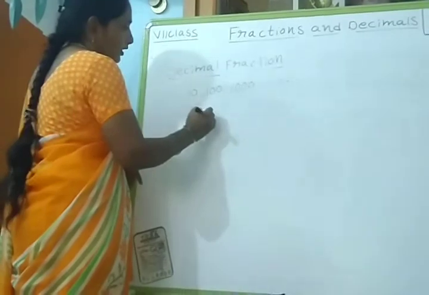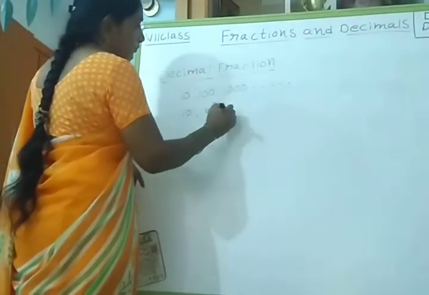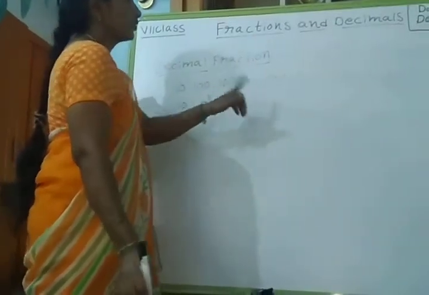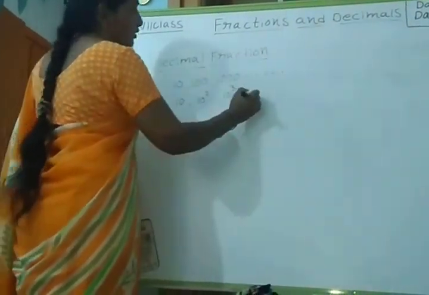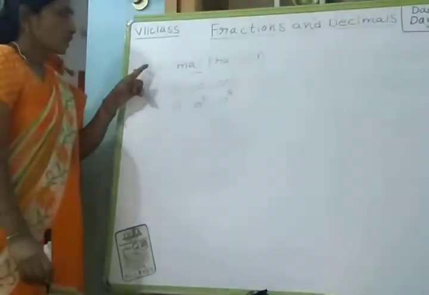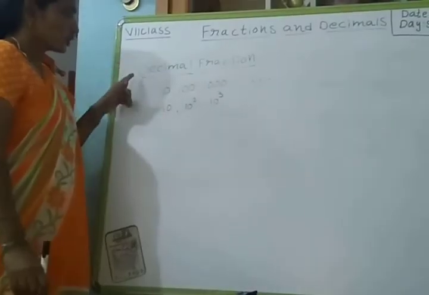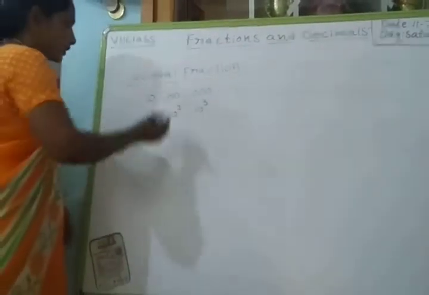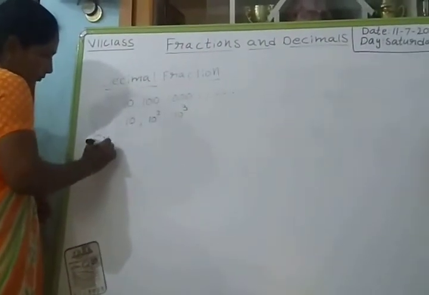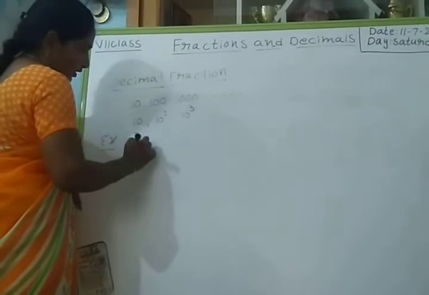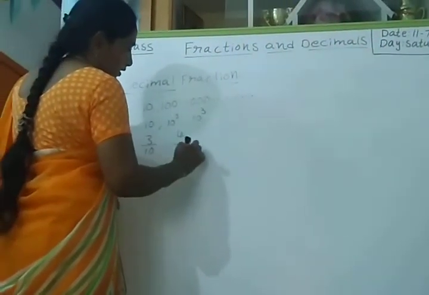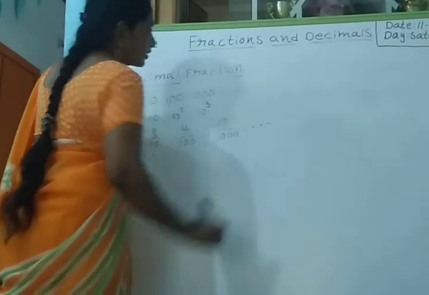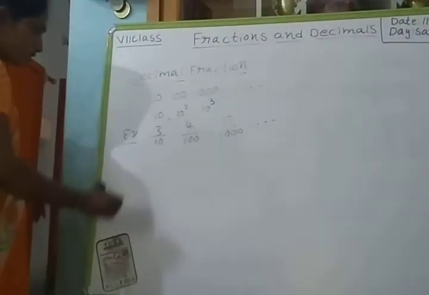See here, 100 we can write as 10 square, 1000 as 10 cube. 10 cube means 10 into 10 into 10, multiplied 3 times. So decimal fractions are fractions whose denominators are 10, 100, 1000, 10,000, etc. Some examples: 3 by 10, 4 by 100, 17 by 1000, etc. These are called decimal fractions.